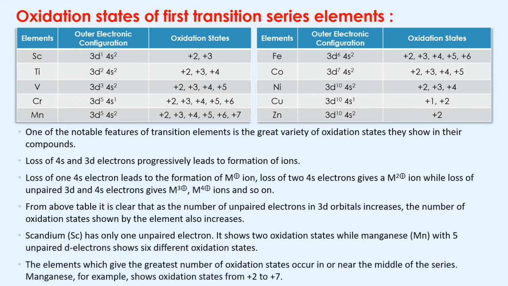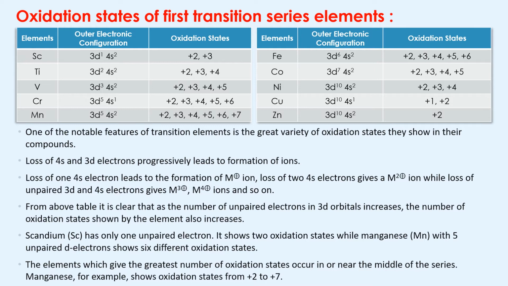For manganese the oxidation state is from +2 to +7. The element which gives the greatest number of oxidation states occurs in or near the middle of the series, and that is manganese, which shows oxidation states from +2 to +7. So these are the reasons why transition elements show variable oxidation states.